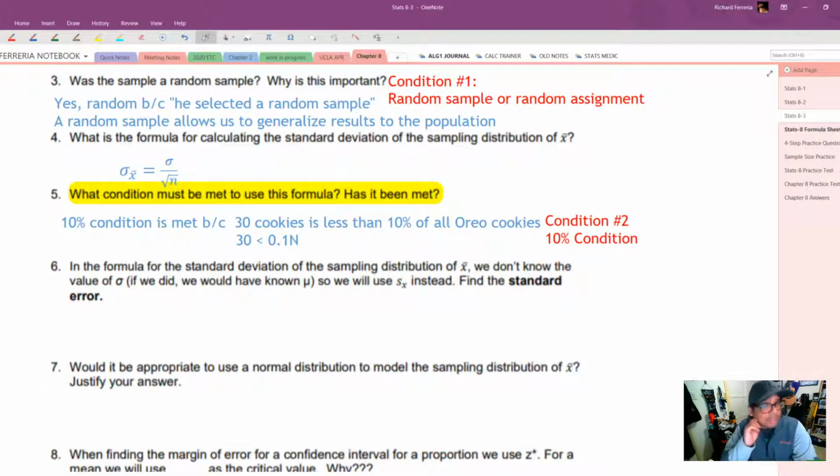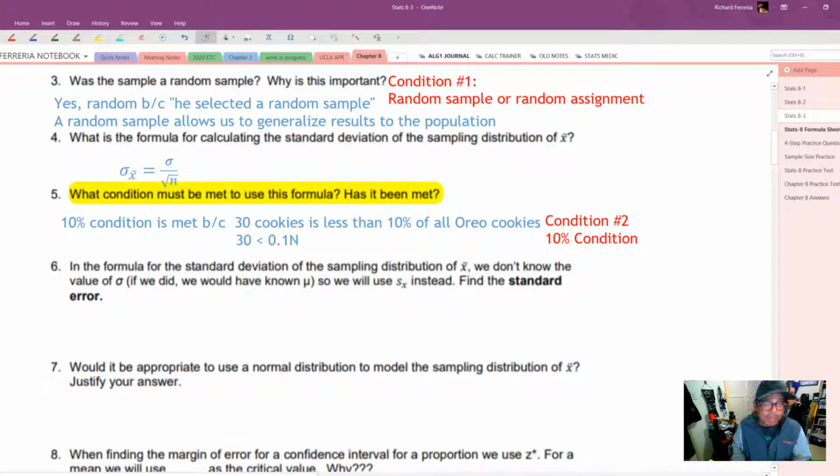It's the same condition from our previous confidence interval for a proportion. And remember, this needs to be met because we're sampling without replacement. So we need to be sure that sampling without replacement is close enough to sampling with replacement, or independent samplings.